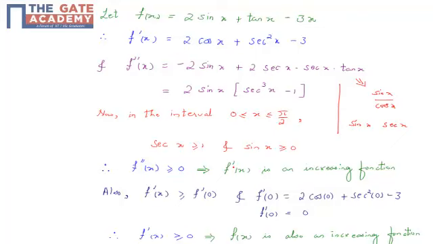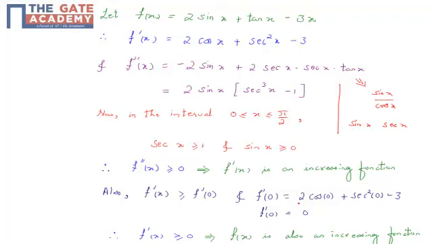This means that f dash of x is an increasing function. This indicates that f dash of x is always greater than or equal to f dash of 0, since x takes values within the range of 0 to pi by 2 and f dash of x is an increasing function.